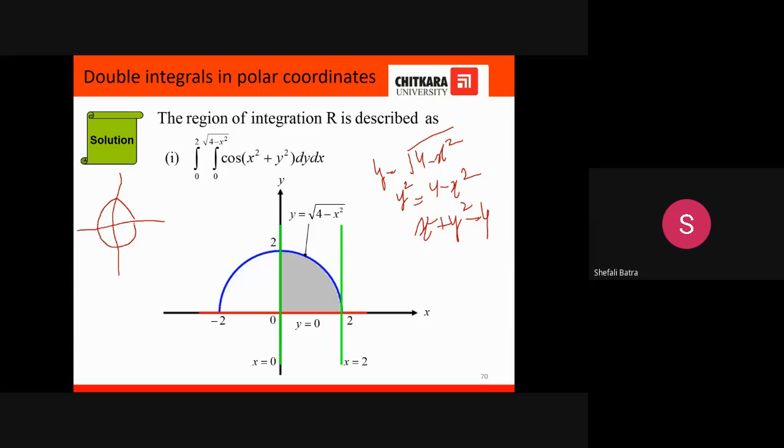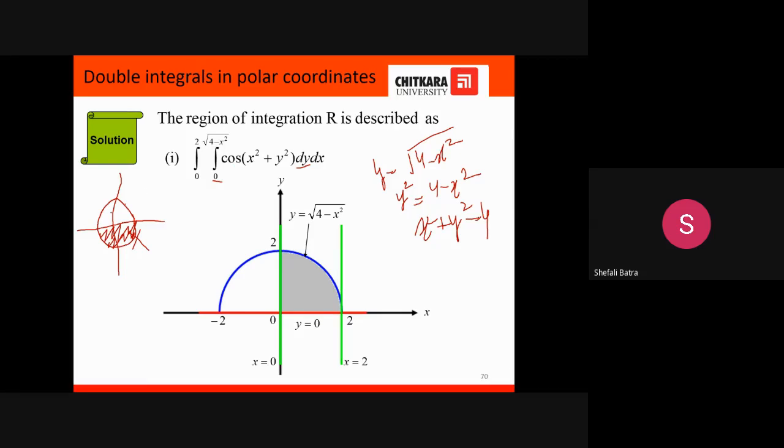See, in this question, a vertical strip is given, starting from 0 and going up to this curve. So y is equal to 0 means the x-axis. Your strip is starting from here and ending here. So this part is not in the region of integration.